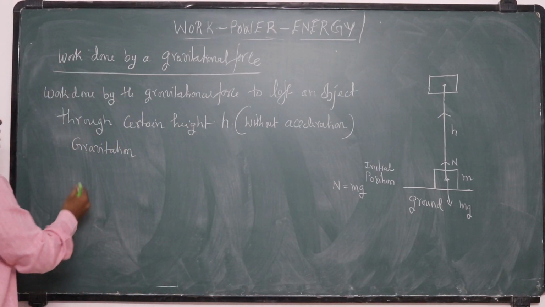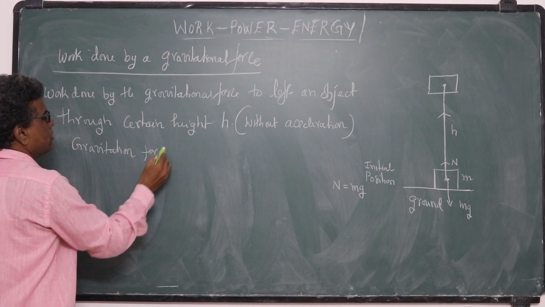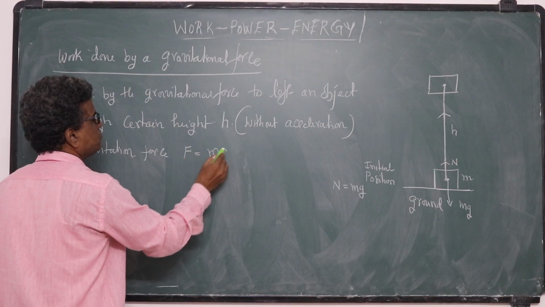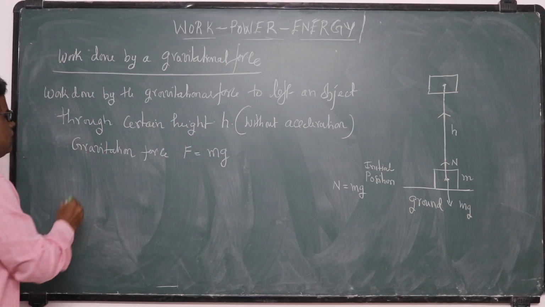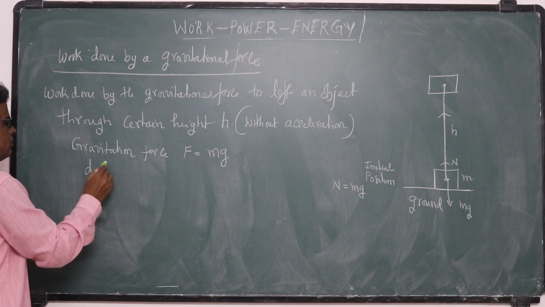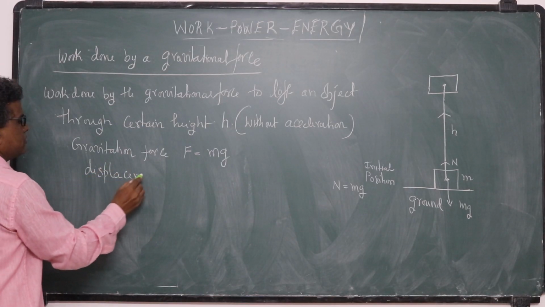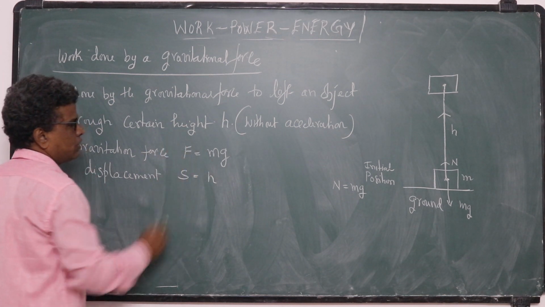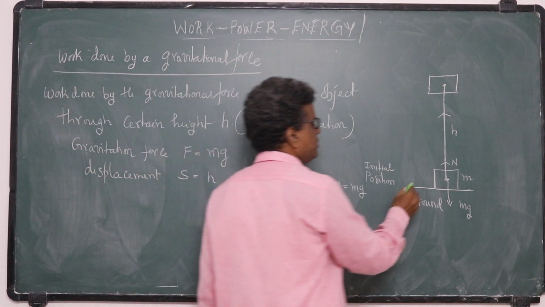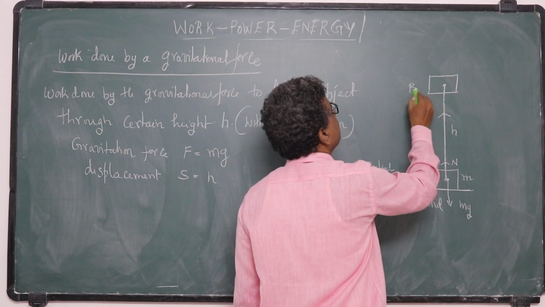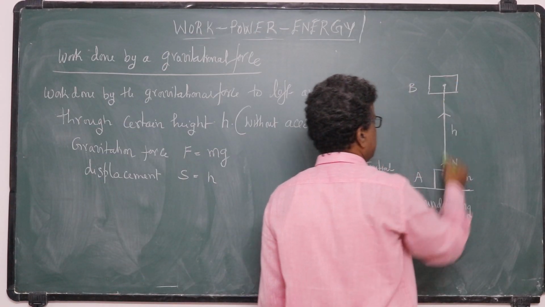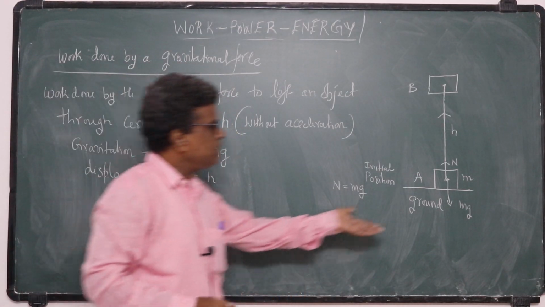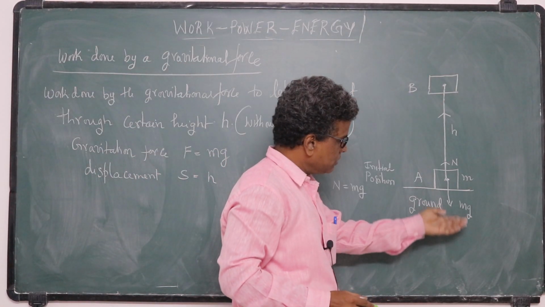The gravitational force acting on it is F equal to mg. What is the displacement here? Displacement S is equal to h, from position A to B. So displacement is h, displacement is up, and gravitational force is down.